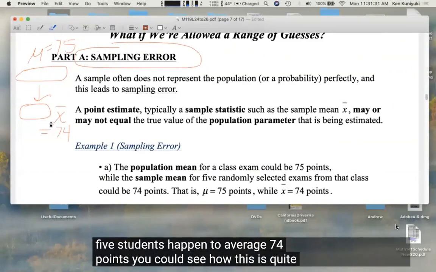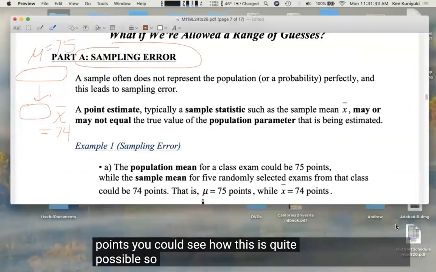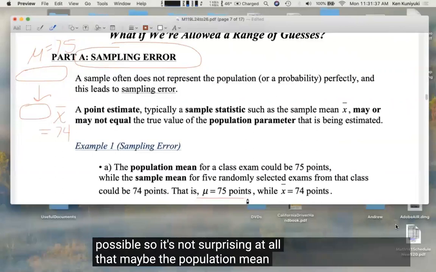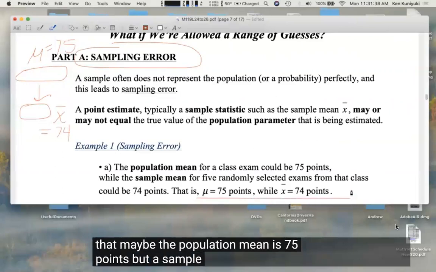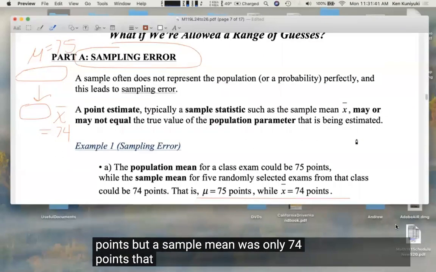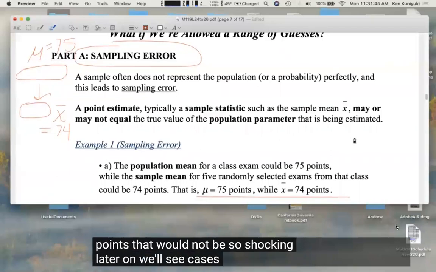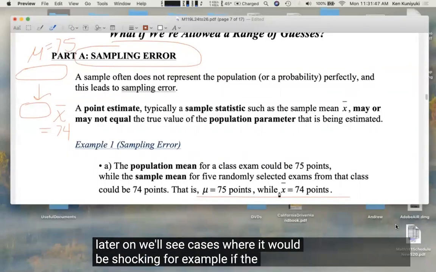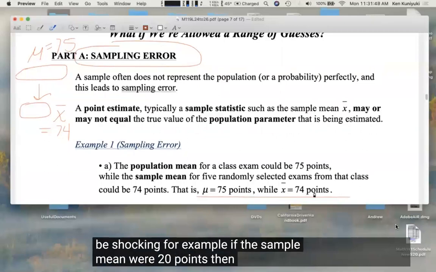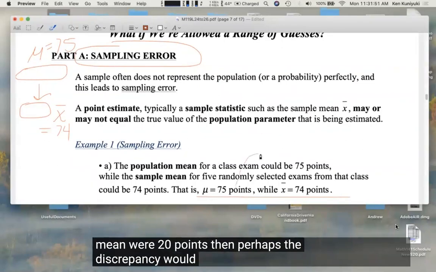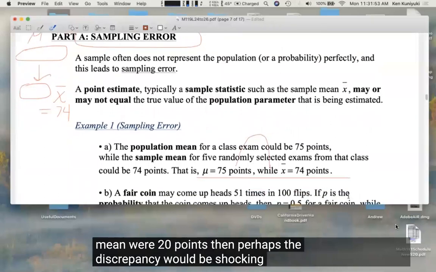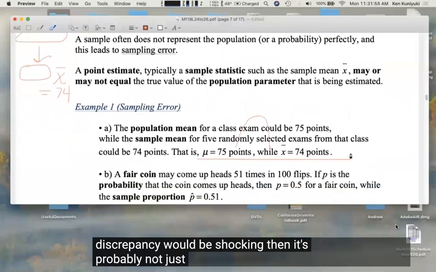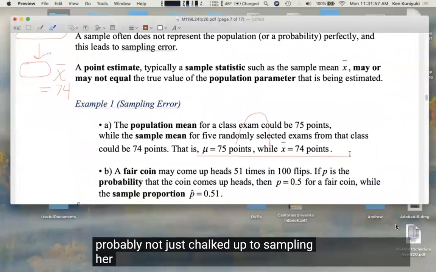It's not surprising at all, and that would not be so shocking. Later on, we'll see cases where it would be shocking. For example, if the sample mean were 20 points, then the discrepancy would be shocking, and it's probably not just chalked up to sampling error.